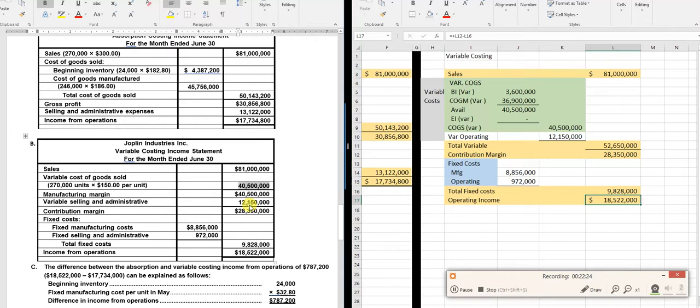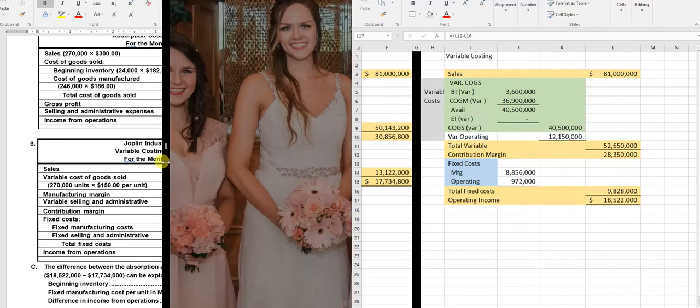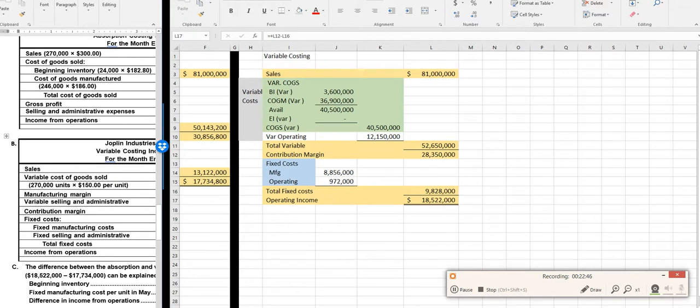And variable selling and administrative, 1250. Fixed manufacturing, fixed manufacturing, fixed selling, total fixed cost, income from operations, operating income. Okay? So now the question is, let's reconcile the two and make sure we figure out why the two are different.